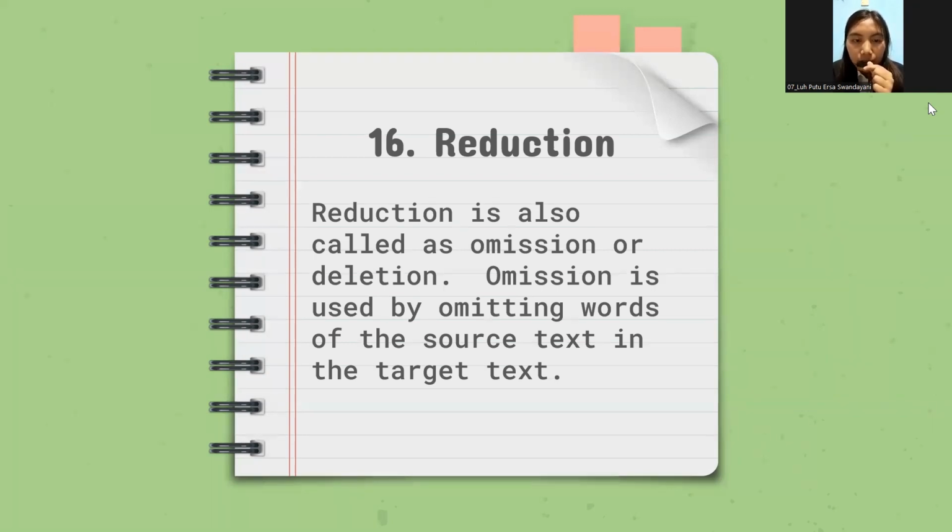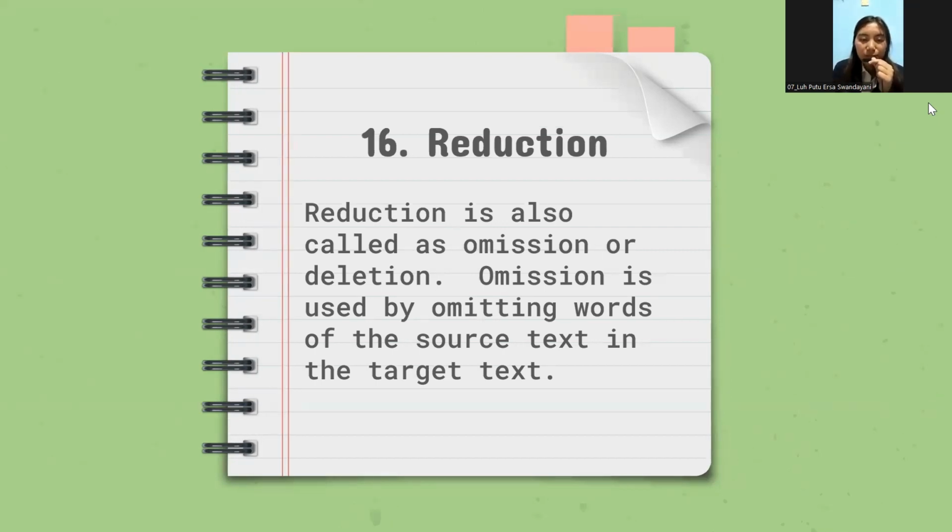In addition, reduction means an action used to reduce the language component of the source language. It is used to make it easier for the translator to translate the source text into the target text. Next slide, please.